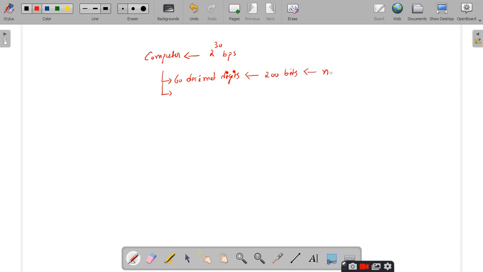So this is equal to NB. What is my NB here? It is 200 bits. Now let us take the p-1 method. What is the bit complexity for the p-1 method? It is big O of 2 power NB, that is big O of 2 power 200.